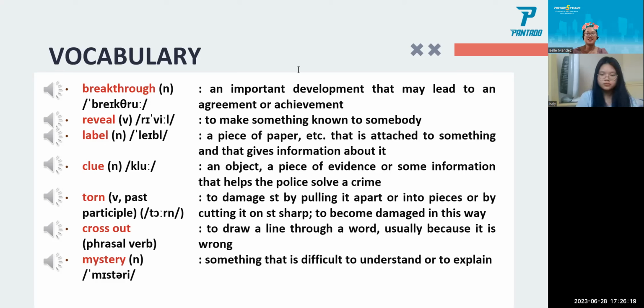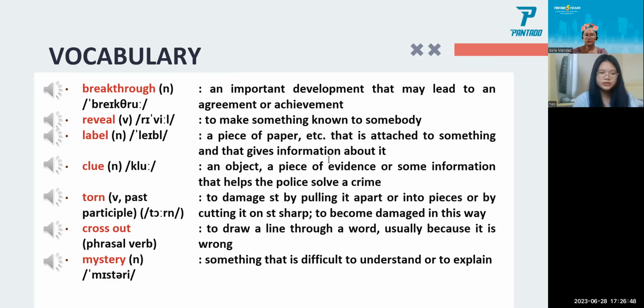Okay, now can you please use mystery in a sentence? This is a mystery case.